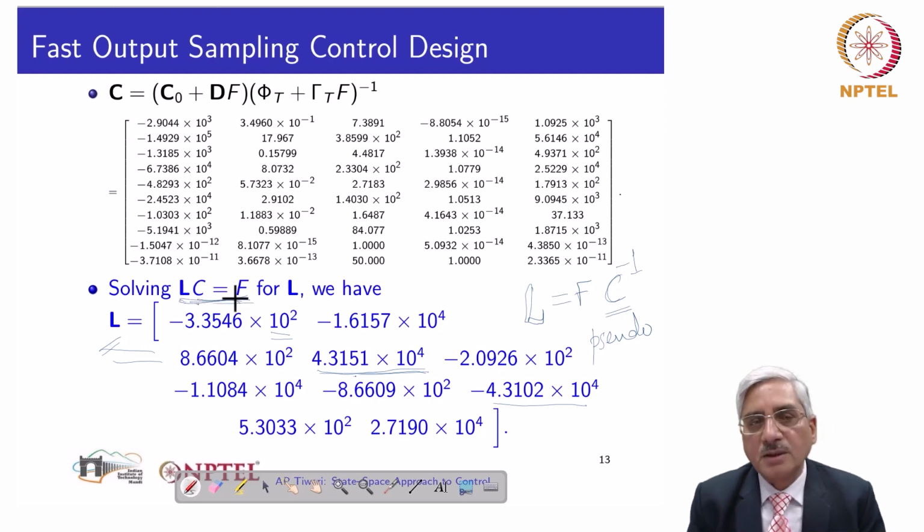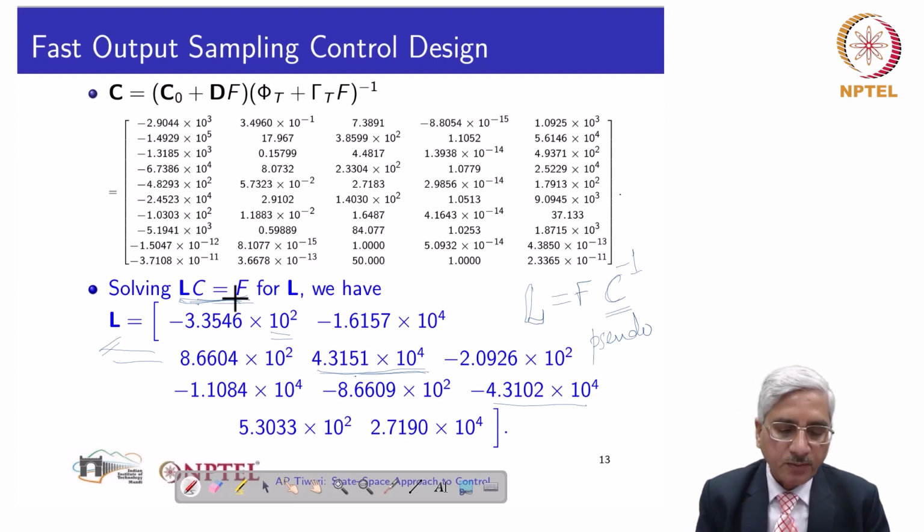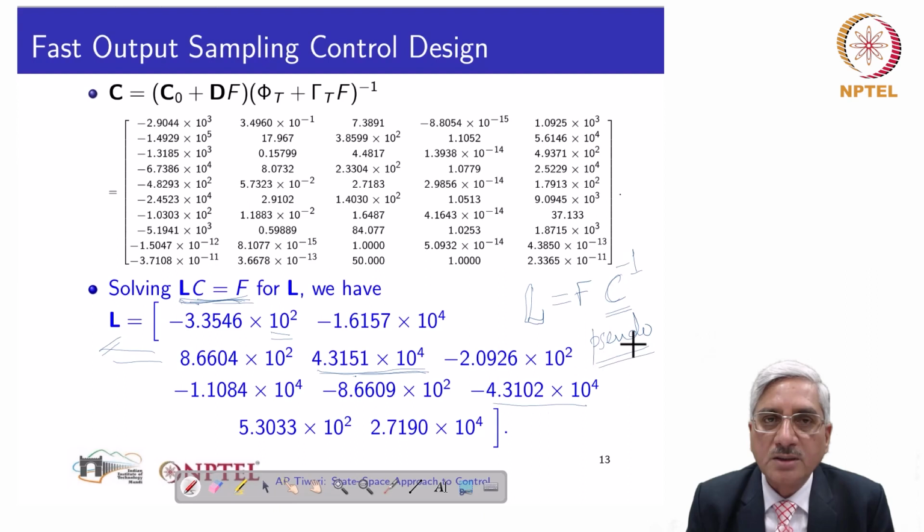And in fact, I forgot to mention while taking the lectures on periodic output feedback that the periodic output feedback gain K could also be optimized. There are ways of obtaining optimum solutions for these equations. One can use that to obtain L. However, this is only an example for demonstration. So we are happy by taking a pseudo inverse of this boldface C to obtain L.